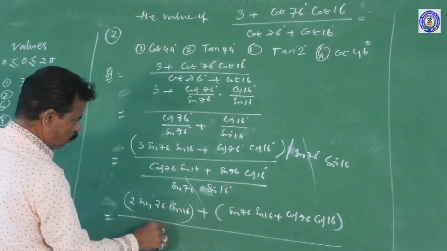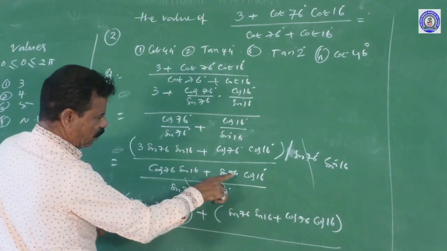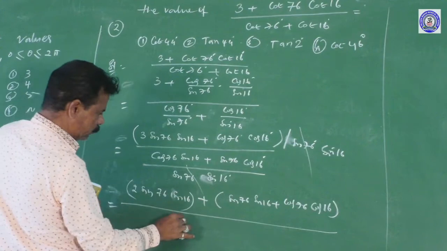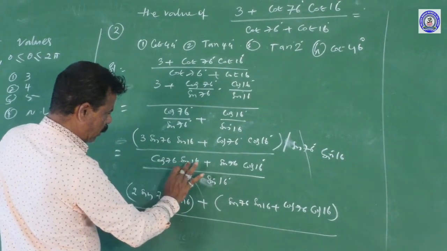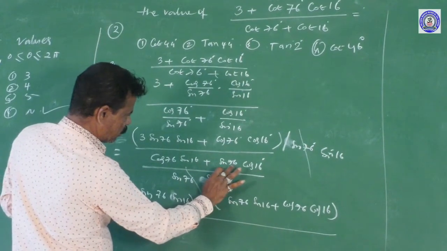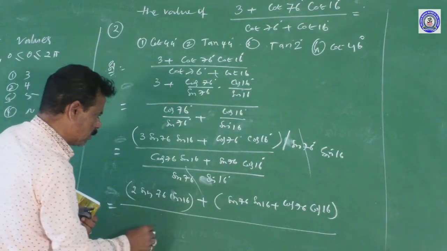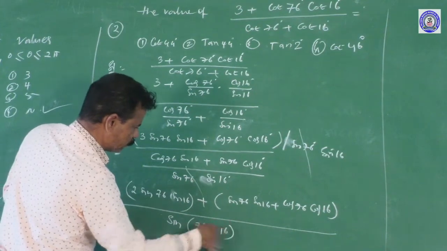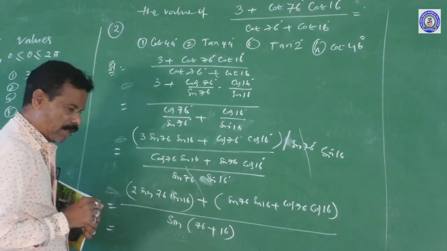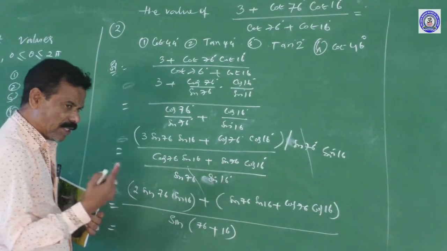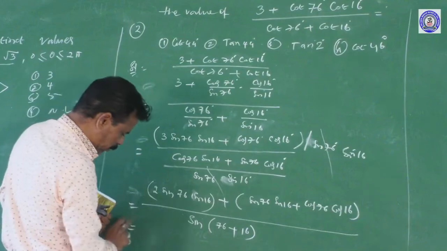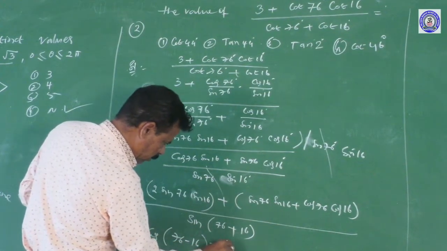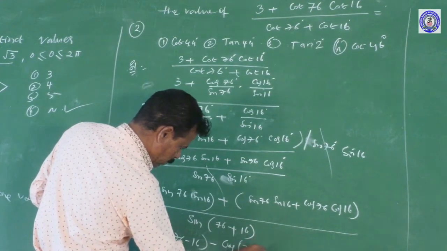In the denominator, sin A cos B plus cos A sin B is sin of A plus B, that is sin of 76 plus 16. In the numerator, 2 sin A sin B is cos of A minus B minus cos of A plus B, that is cos of 76 minus 16 minus cos of 76 plus 16.